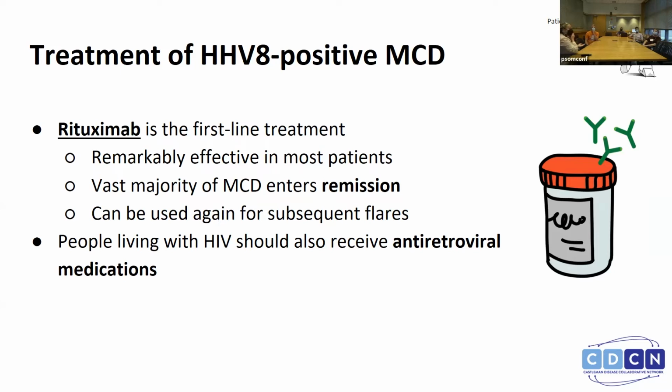Most people will not have a flare again after they are treated with rituximab. But about 10 to 15% of my patients do have subsequent flares, and you can use rituximab again very successfully. I have really never used rituximab in someone where I thought the only thing going on was Castleman disease without a remission. And the patients where it doesn't work, I think I'm usually missing lymphoma.